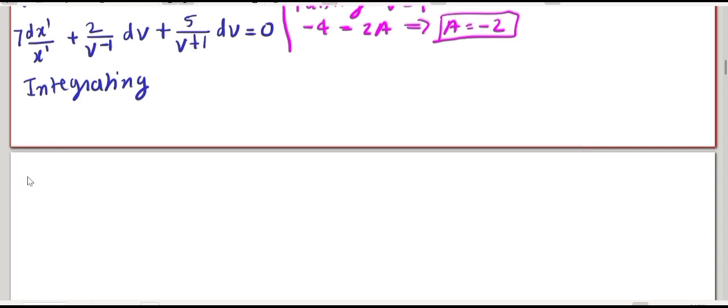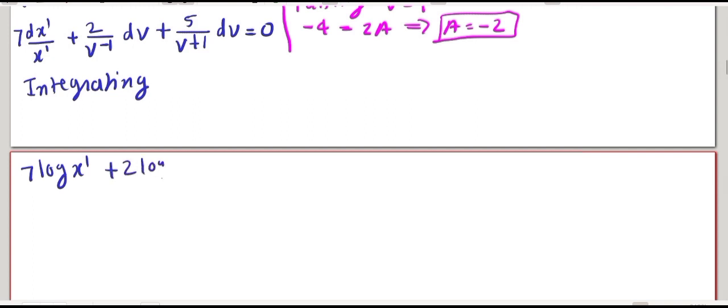Here we have to multiply by 2. So we get 7 log of x' plus 2 log of (v - 1) plus 5 log of (v + 1) is equal to the integrating constant log c.